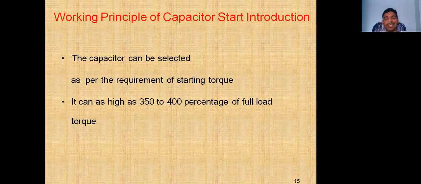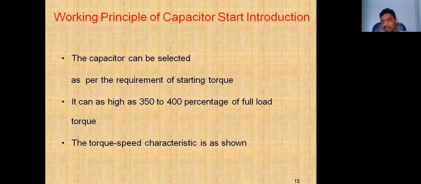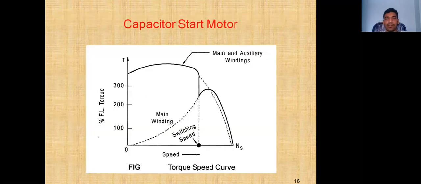It is a high starting torque motor. The torque speed characteristics are as shown here. Starting torque is 350 to 400% of full load due to the main and auxiliary winding.